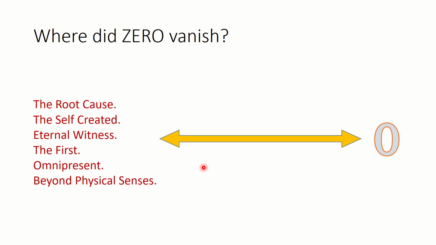That's why it is often compared as the supreme of all the numbers. And if you look at all these descriptions, probably now you would understand why 0 can be described by all these things.